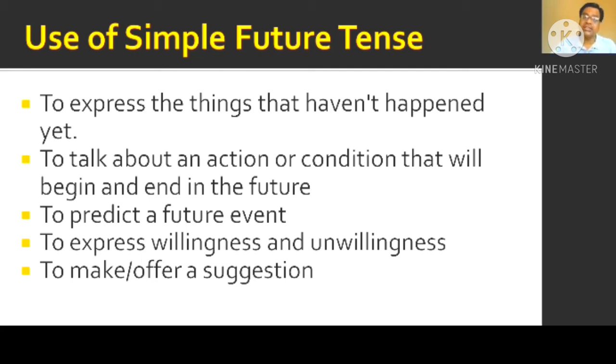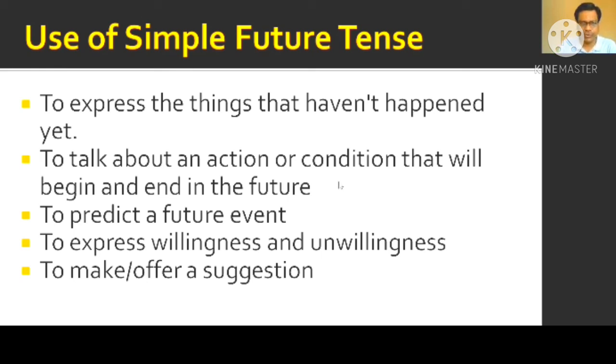That will happen in the near future. Then only we say like this. So we use simple future tense in order to talk about an action or a kind of condition that will begin and end in the future only. It has no concern with the present at all.